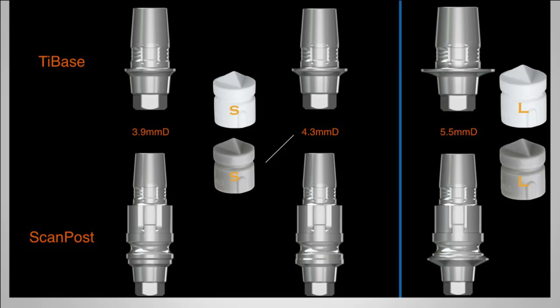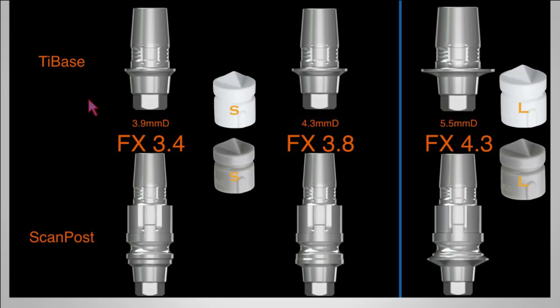In addition to this, you'll see that when you're selecting the software, you have to make sure that you select the right interface in the CEREC software for 4.4 software. The 3.9 tie base for the AnyRidge system requires that you select FX 3.4 in the CEREC software.